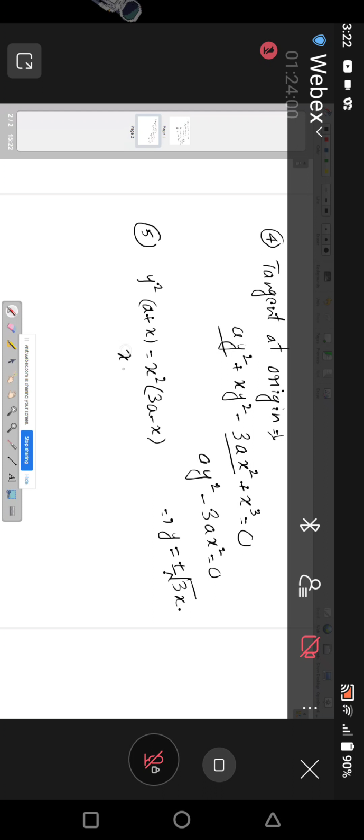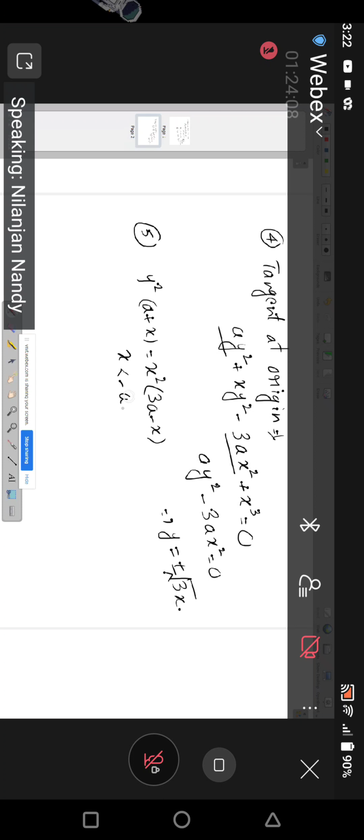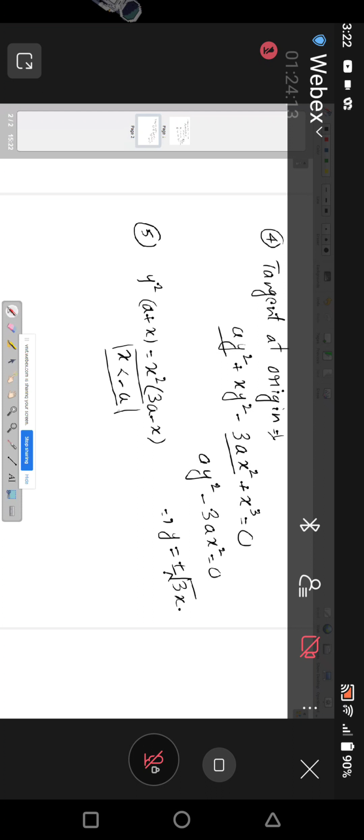If x is less than minus a, you have y square equal to some negative number. Similarly, if you put x greater than 3a, you have the same, y square is some negative number.